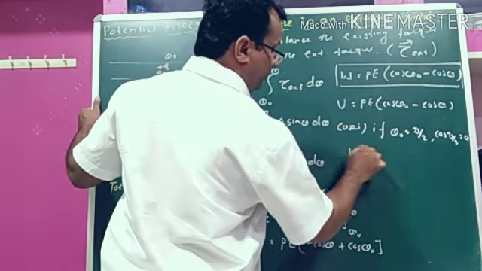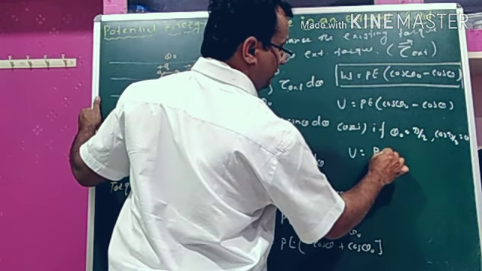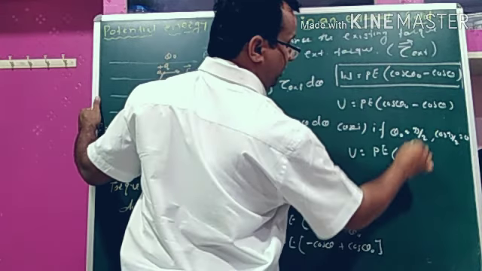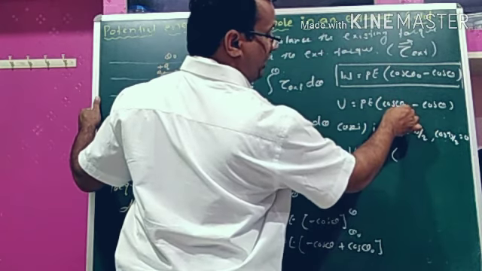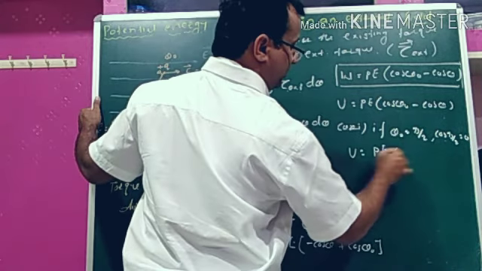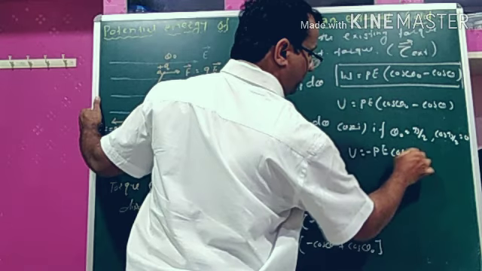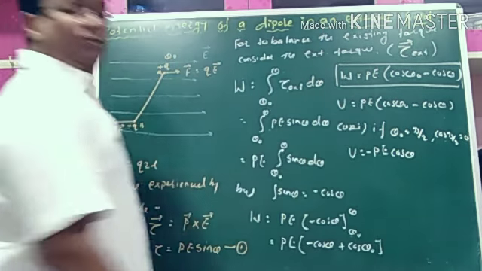Then the value of potential energy is electric dipole moment into electric field intensity, and since cos 90 is 0, we get simply minus cos theta. So this is the first case.